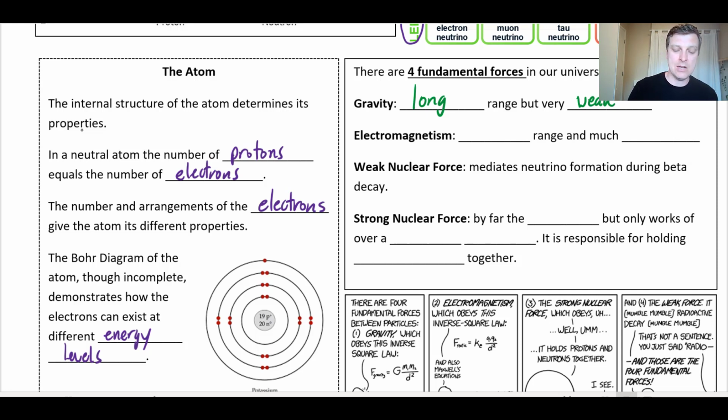By comparison, electromagnetism also has a long range, but it is much stronger. For example, the reason you don't fall through the seat you're sitting in is because the electrons in the seat and the electrons in you repel each other with a very strong interaction. Now that brings us to weak nuclear force. Weak nuclear force is kind of a strange one in that it only really shows up or becomes important in certain types of radioactive decay involving neutrinos.